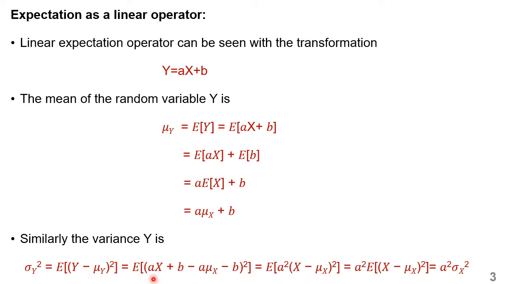So we have ax minus a mu x. So therefore it is a square into x minus mu x whole square. So expectation of a square into x minus mu x whole square. So a square is a constant term that is taken out. It is the expectation of x minus mu x whole square, and this is defined as sigma x whole square. That's the variance of x.